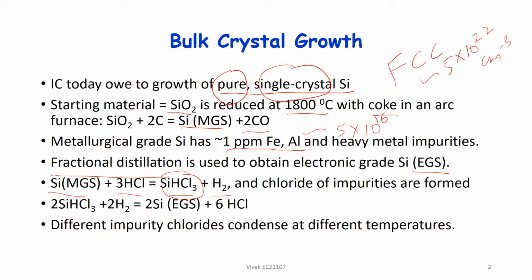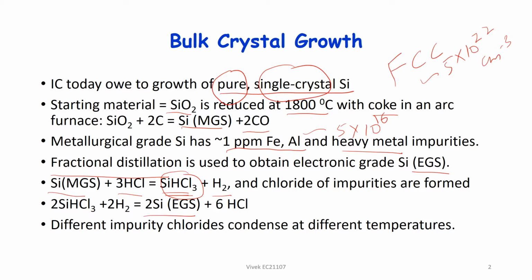Now fortunately, other metal impurities also react with HCl to form their chlorides like FeCl or iron, aluminum chloride, and they have different condensation temperatures. So they condense at different temperatures, so we can easily select silicon from this SiHCl3, which again reacts with H2 to form electronic grade silicon.